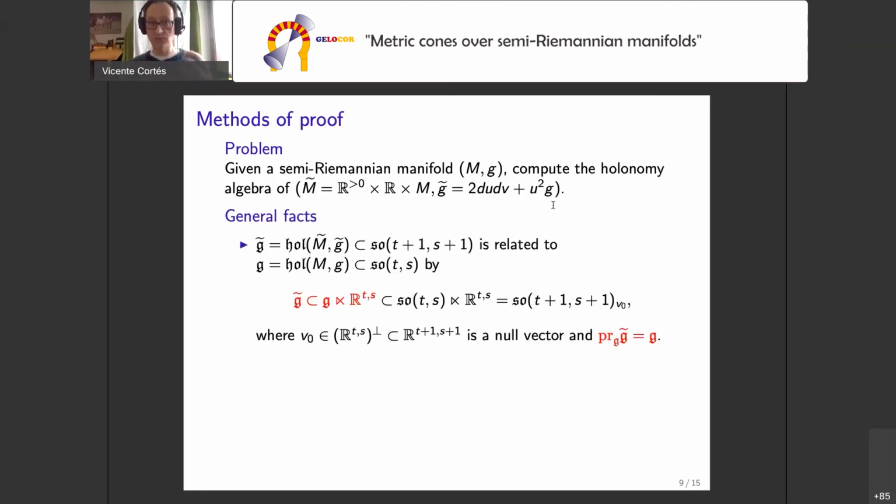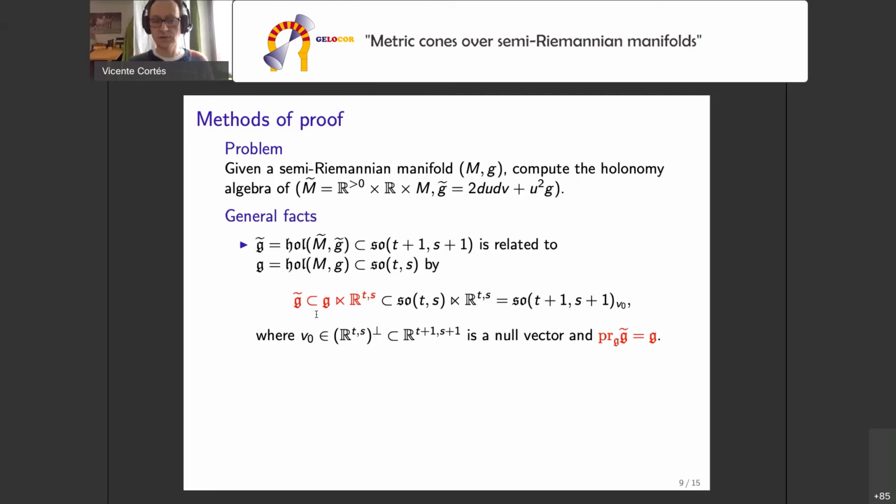Then we can use some general facts which are true in arbitrary signature and do not yet require Lorentzian signature for M. First of all, the holonomy algebra of g tilde, which I abbreviate as Gothic G tilde here, is a subalgebra of so(t+1, s+1), and it is related to the holonomy algebra of g as follows.